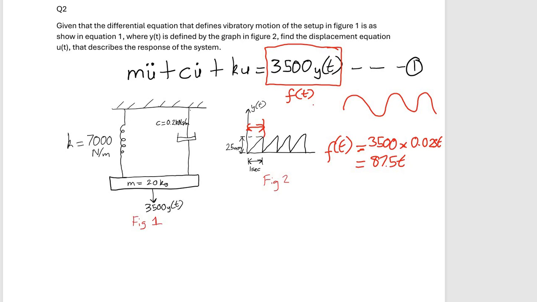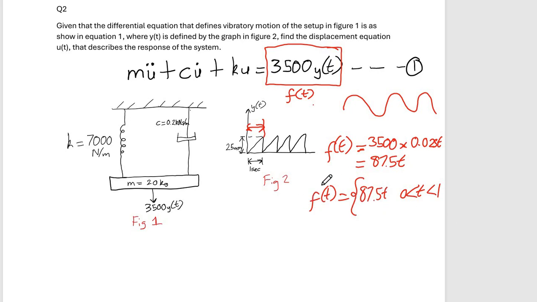So if I rewrite f(t) as a piecewise defined function, it is equal to 87.5 t if and only if t lies between 0 and 1. That's what we have for this particular question.